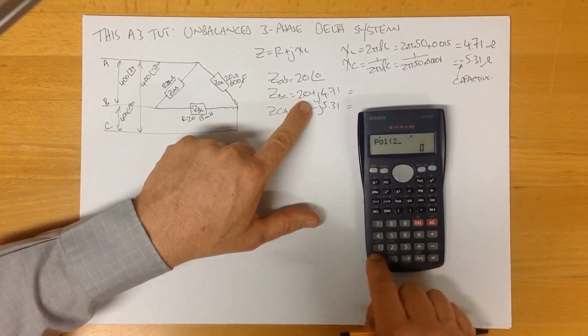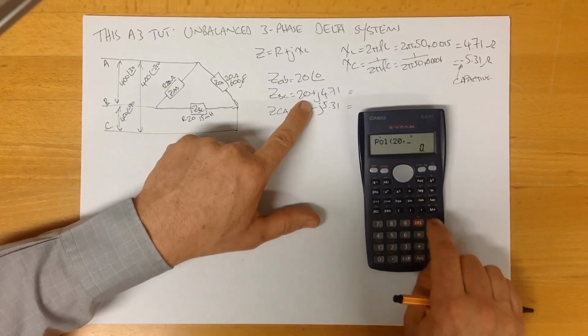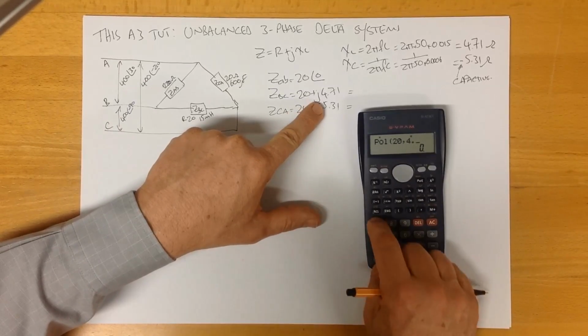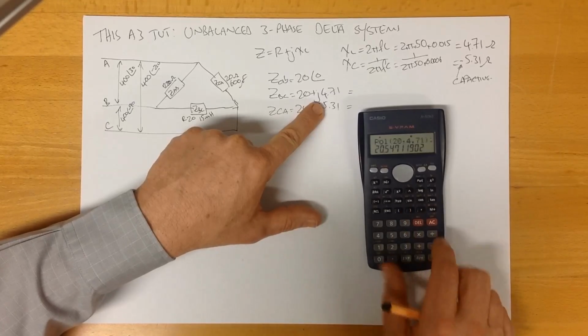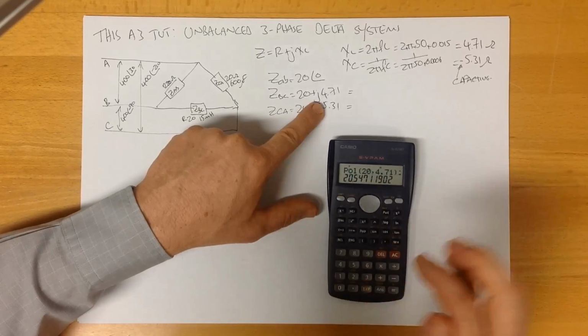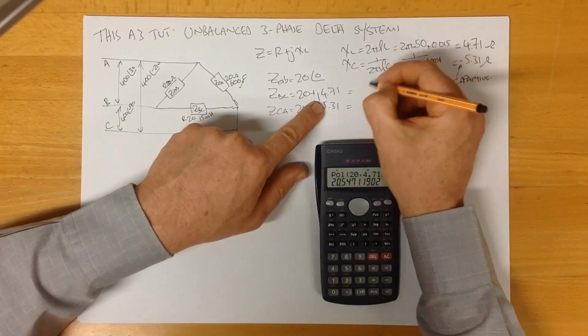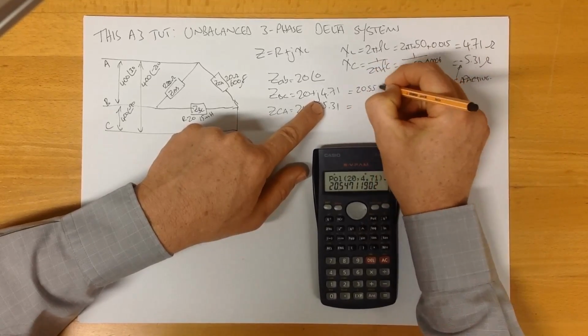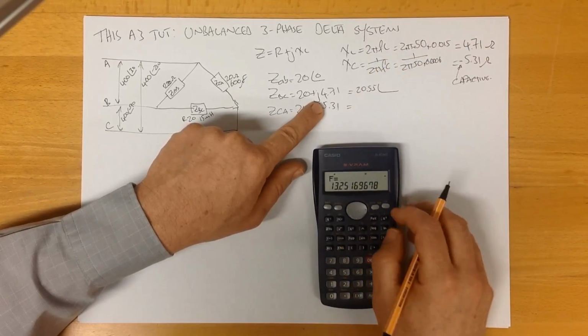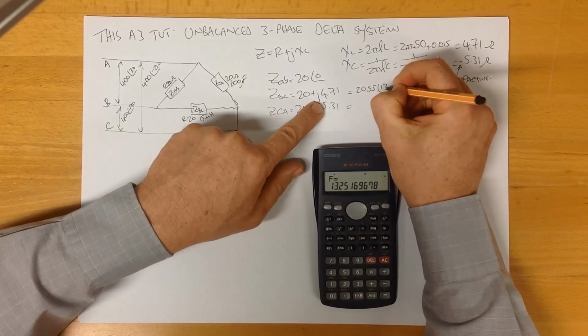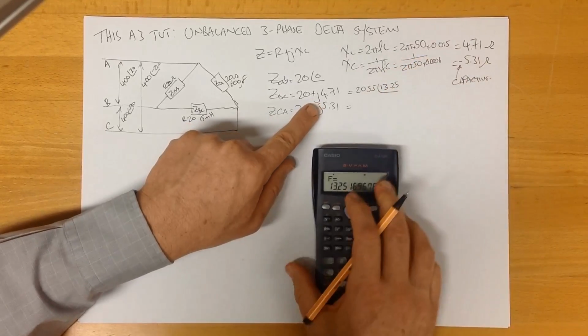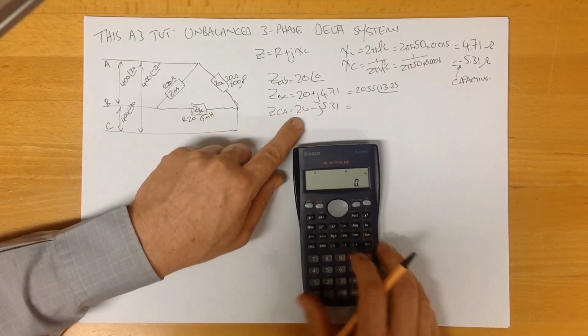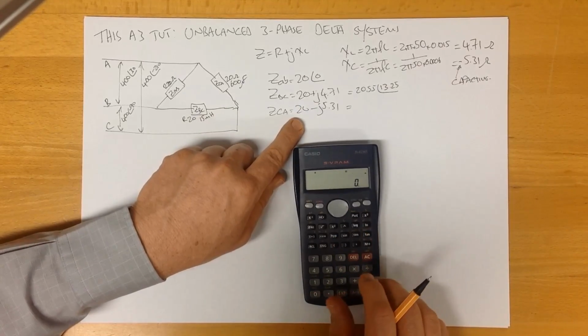The polar of (20, 4.71) equals 20.55 at an angle we call phi of 13 degrees. Similarly, we can do this impedance here with the capacitor.